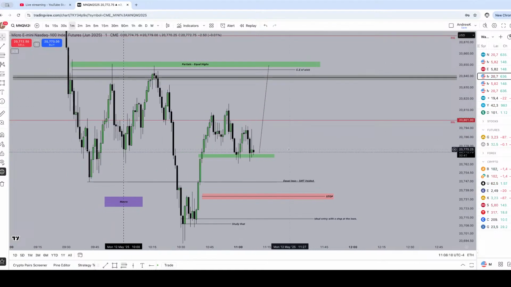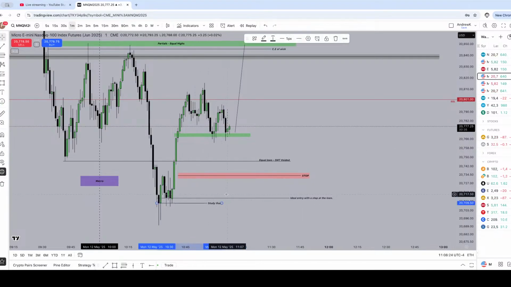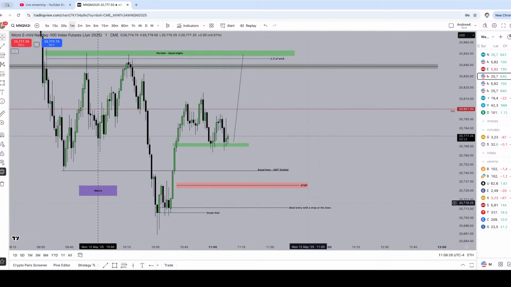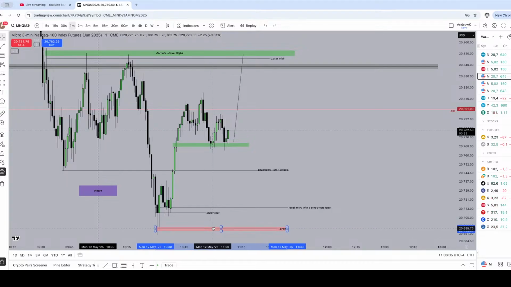You can start to see some movement towards it after 11:30, but keep these lows in mind. This is the original stop, somewhere in there.